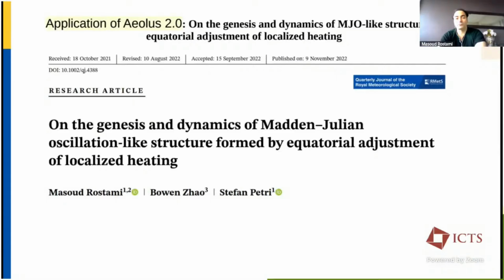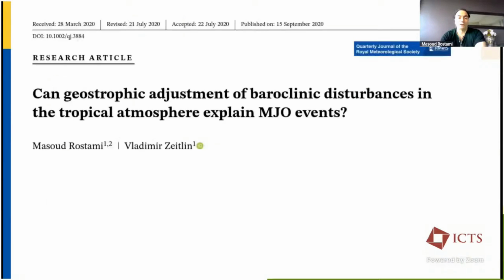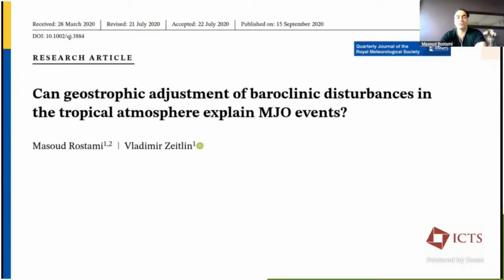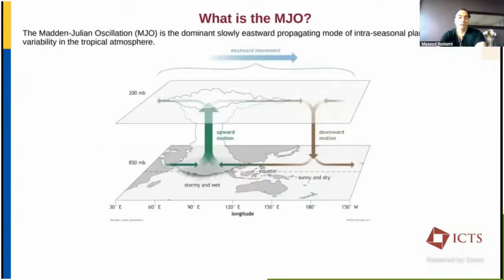We have a set of studies, one with thermal shallow water, but before that, even with just simplified moist convection in a shallow water system, we showed that geostrophic adjustment might be a source of the dynamical backbone structure of the MJO.